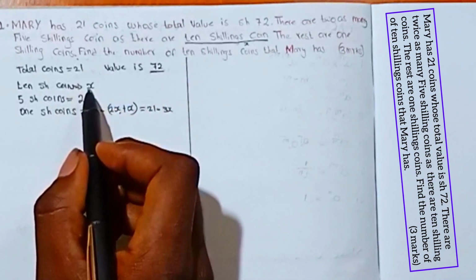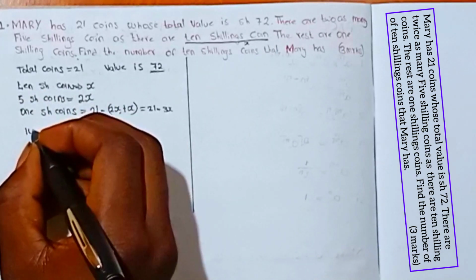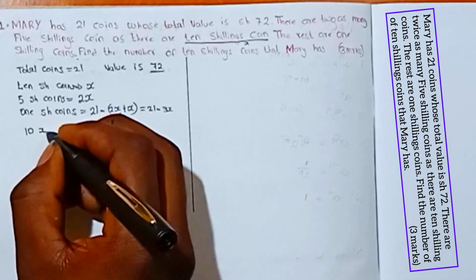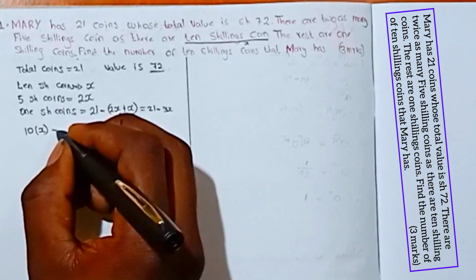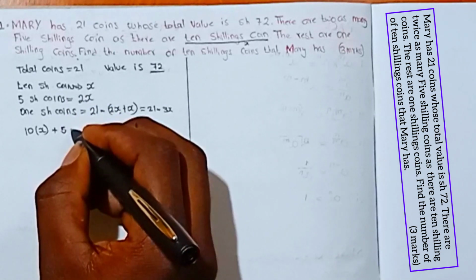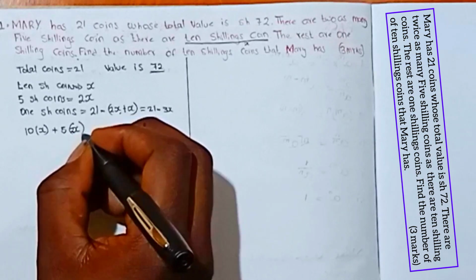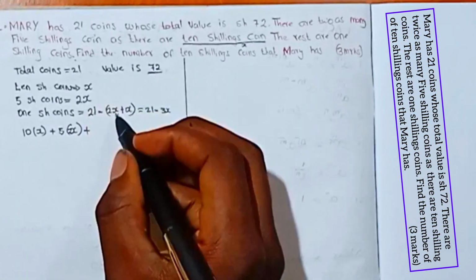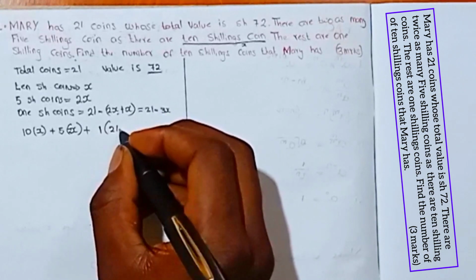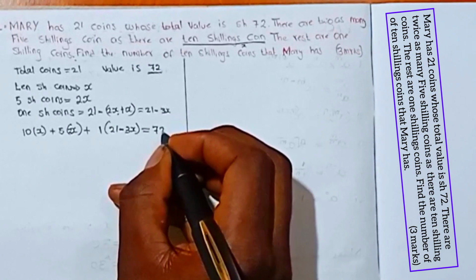So if you multiply 10 by the number of coins, which we don't know, which is x, we add the 5 shilling coins to get their value, multiplied by 2x, plus the 1 shilling coins, 1 multiplied by 21 minus 3x, equals 72.